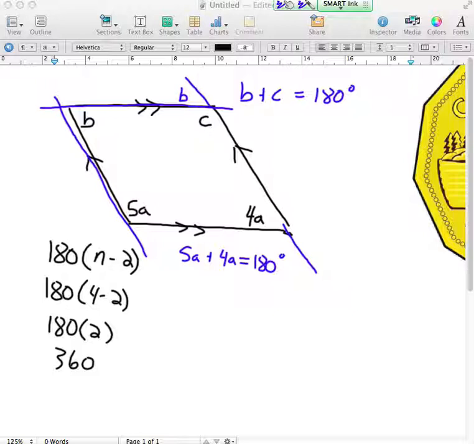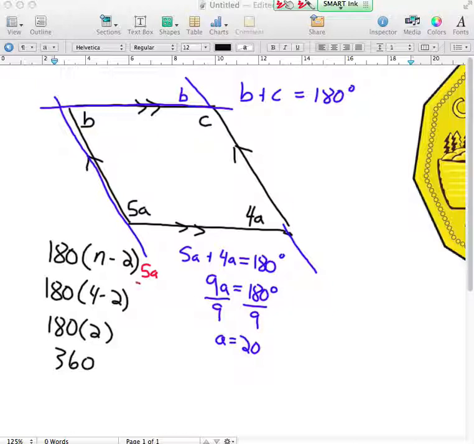So 5 plus 4, as we've drawn them here, will be 9A equals 180 degrees. Divide by 9, divide by 9. A equals 20.